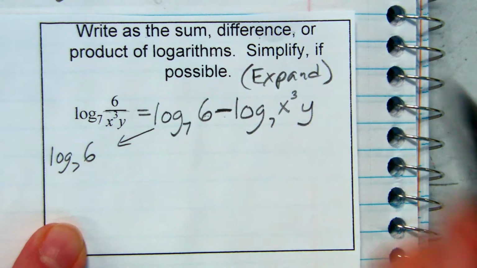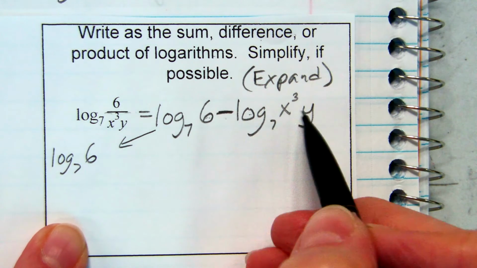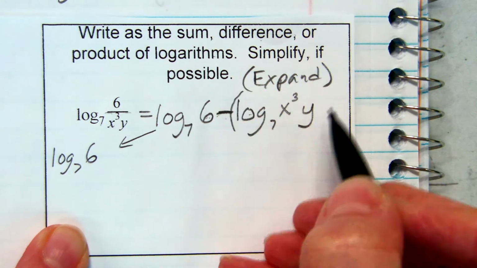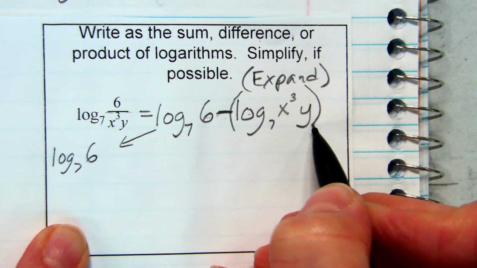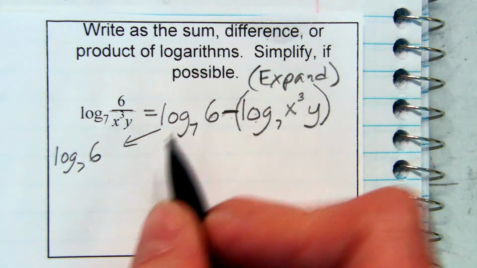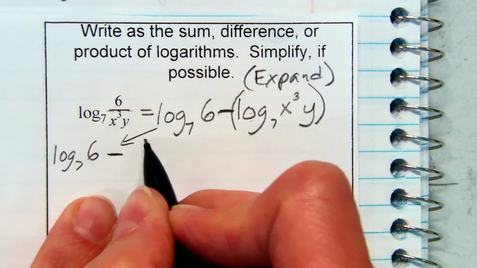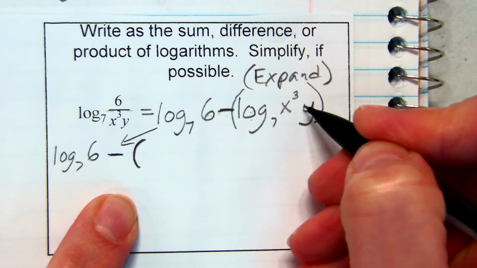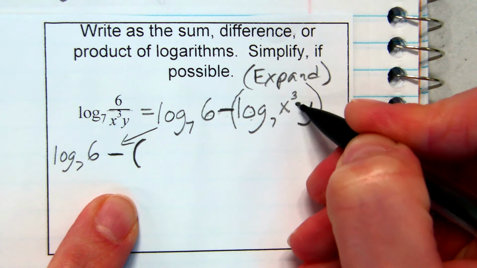All right? Now, I'm going to take apart this logarithm. Now, technically, we are subtracting this whole thing. So when I break this apart, I'm going to have a minus sign and I'm going to do some parentheses. So see how I have x cubed times y in here? You could put a little times sign.